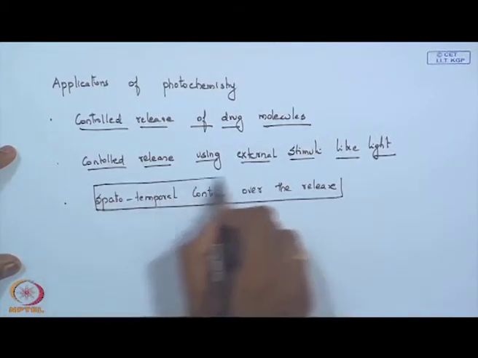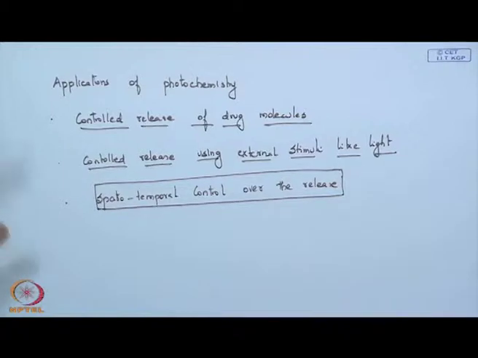This advantage you get when you use light as an external stimulus. What is spatio-temporal? Spatial means that at any given space, you can release; I can shine in this space and get it released. Temporal means I can switch my light on and off, because it is an external stimulus.